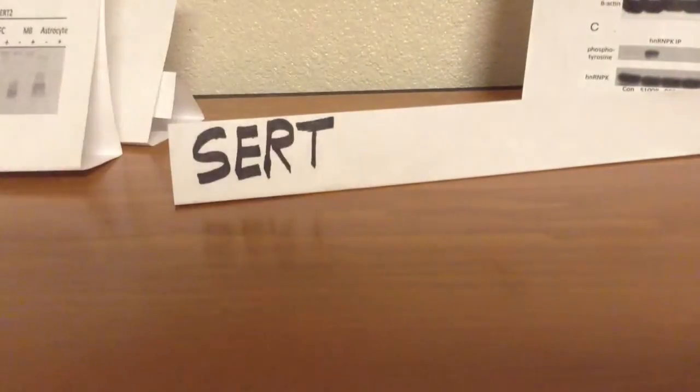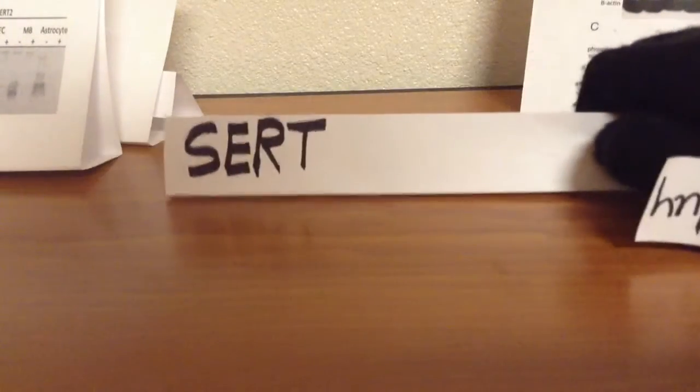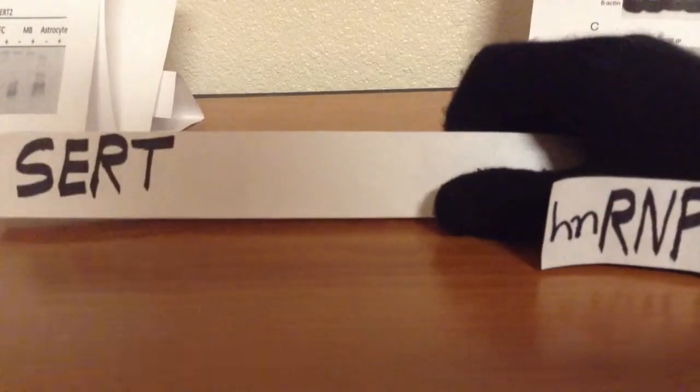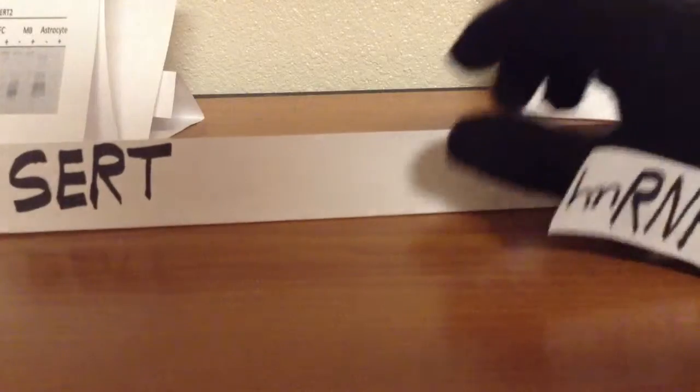But now we have the A10 hnRNP K that displaces the miR16. It binds to the longer 3' UTR of the SERT. So it's basically this what happens. A10 protects SERT expression.